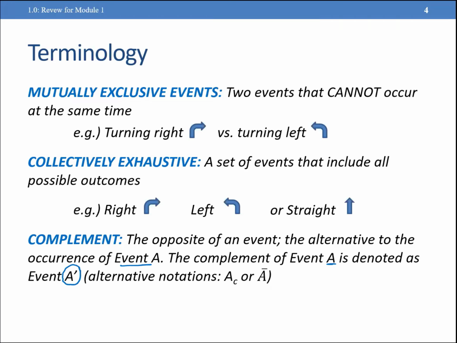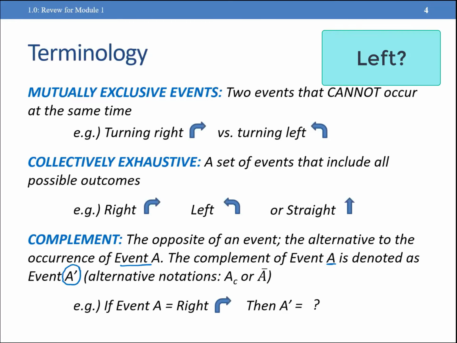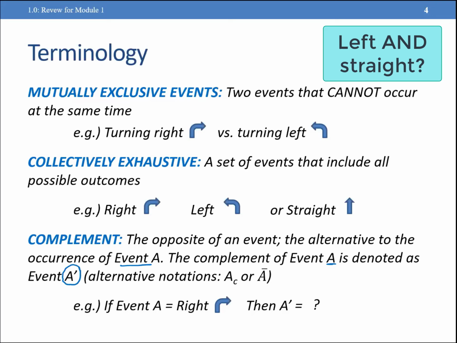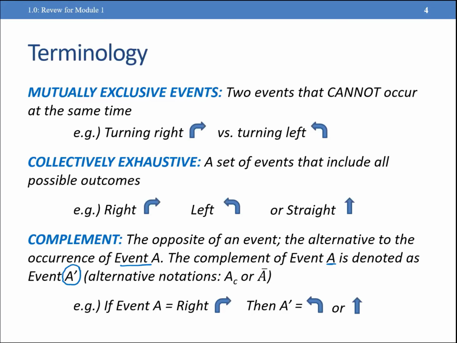So if I have an event A is right, what would the complement to A be? Left? Is that everything outside of being right? It's left and straight. It has to include everything. It has to be collectively exhaustive. The complement has to cover everything that's not right. Any questions on those definitions?